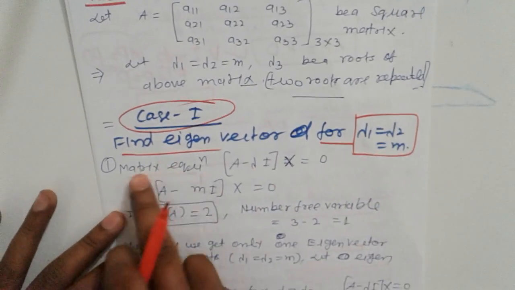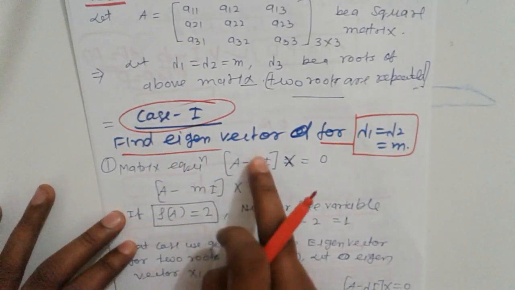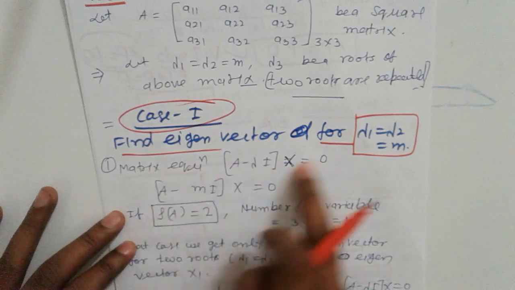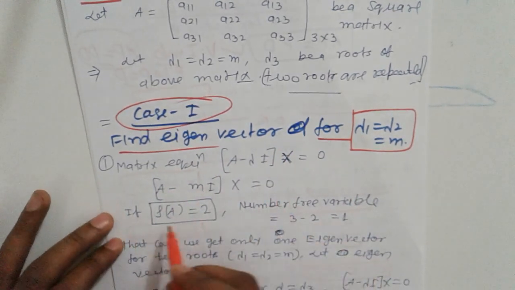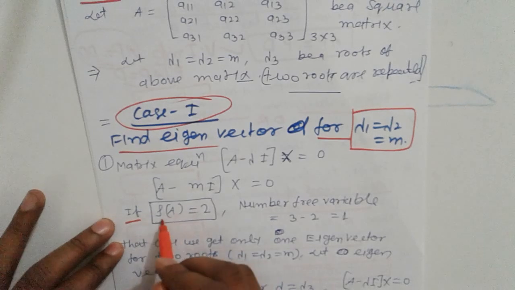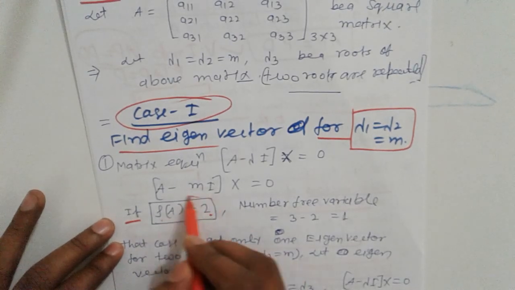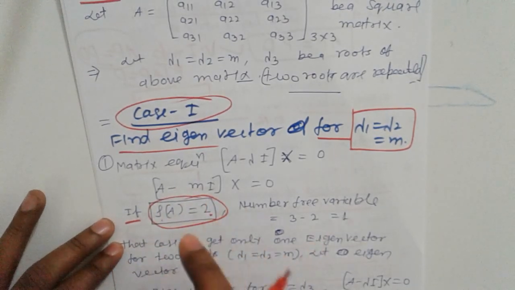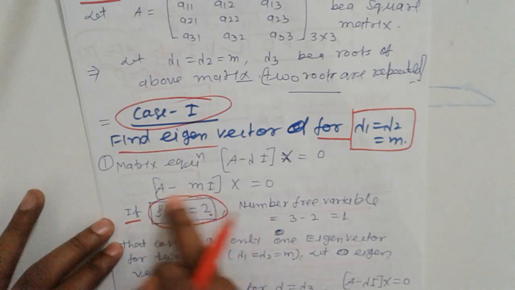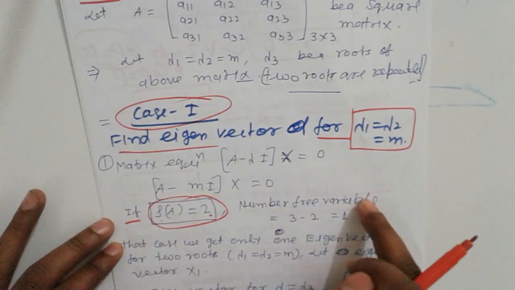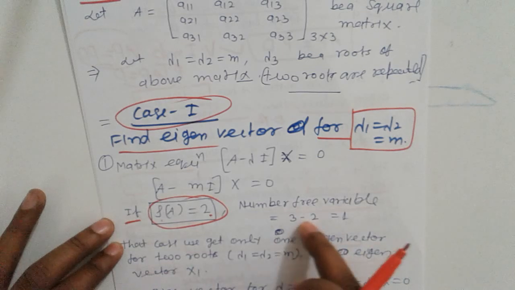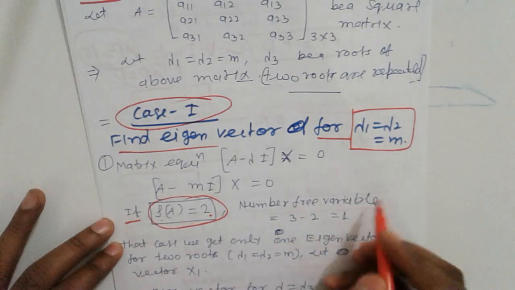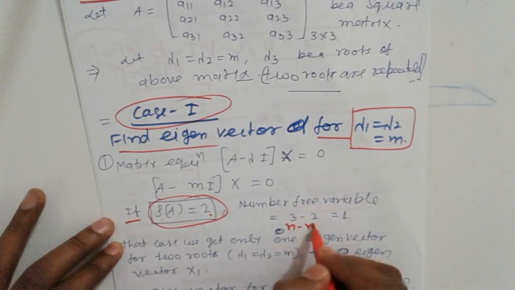So suppose मान लो matrix equation (A minus lambda I) x equal to 0. So that case A minus mI is equal to 0. Suppose that case rank of matrix is 2, that is important, rank of matrix is 2 हमने consider किया है. So number of free variables that case क्या होगा: 3 minus 2, meaning number of rows minus rank, that is n minus r.